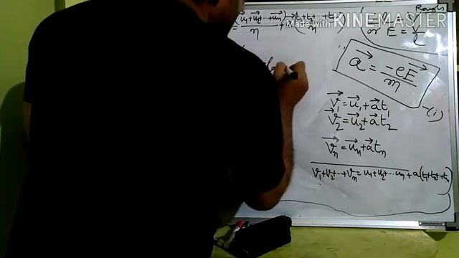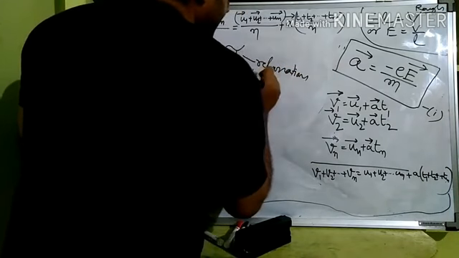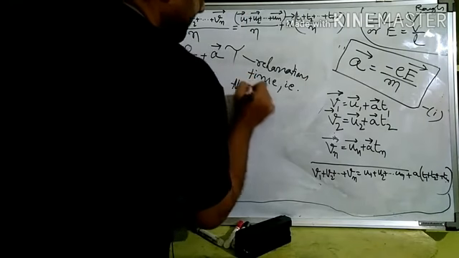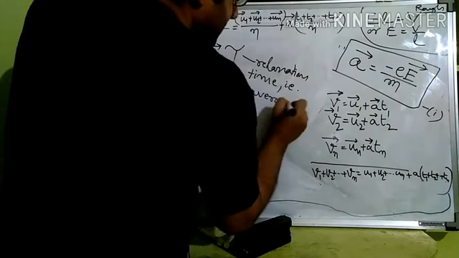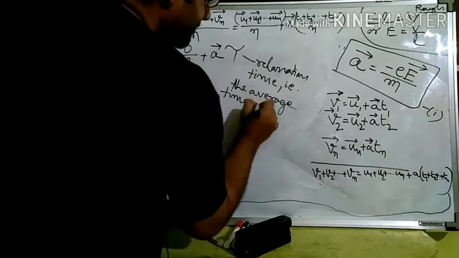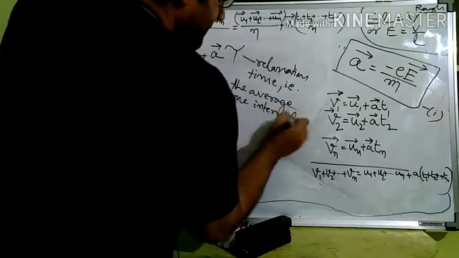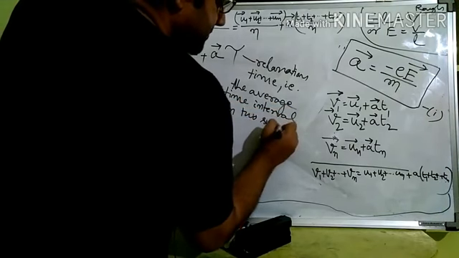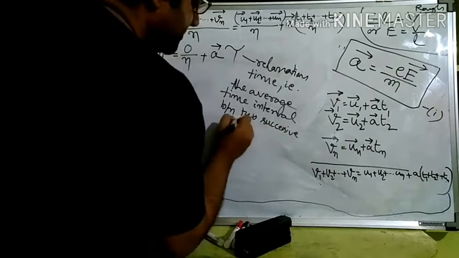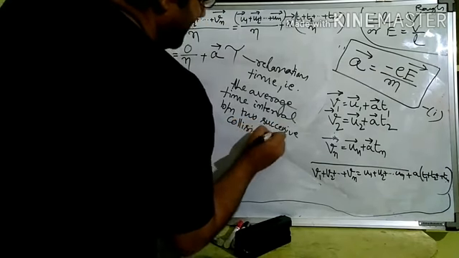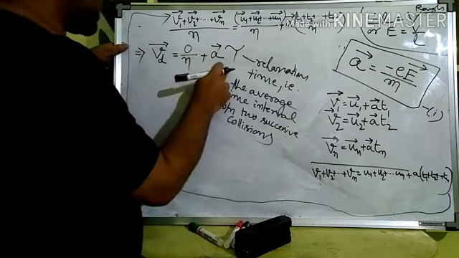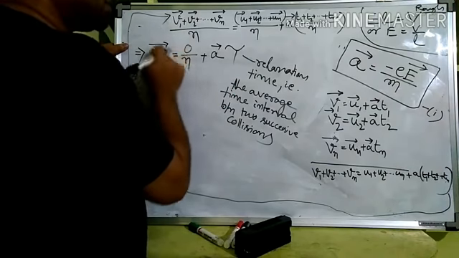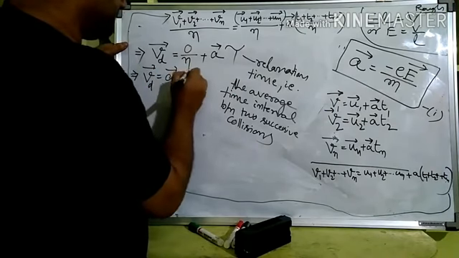It is the average time interval between two successive collisions. So Vd is equal to, this becomes 0, A tau, right?